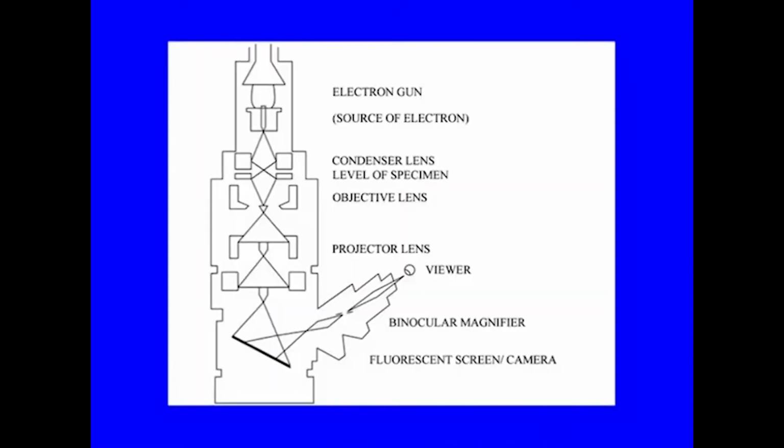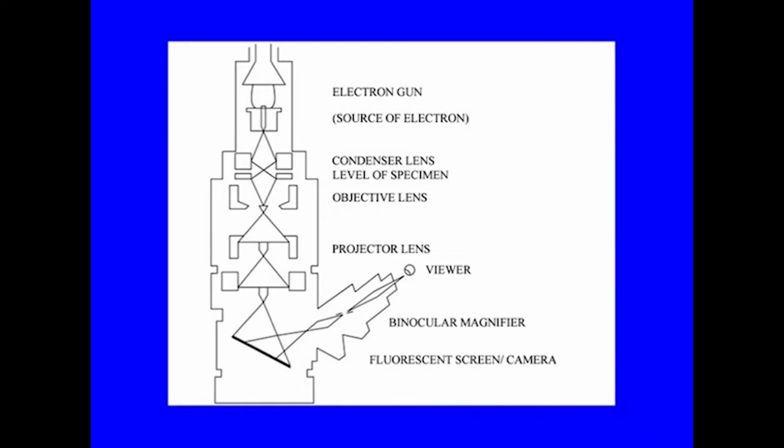So, these are the various components. Now, if you see this figure here, it shows the various components, and you see that the source of electrons is on top of the column, which is formed of cathode, anode and the apertures, and then there are the condenser lenses.